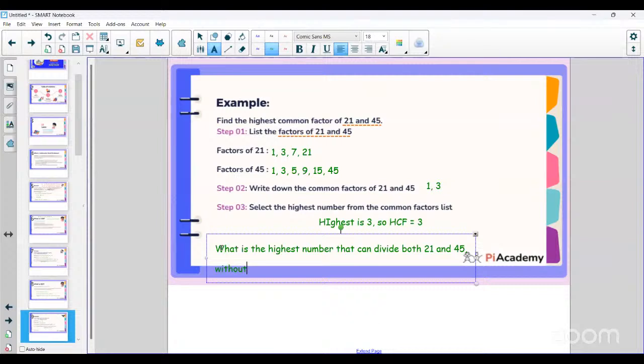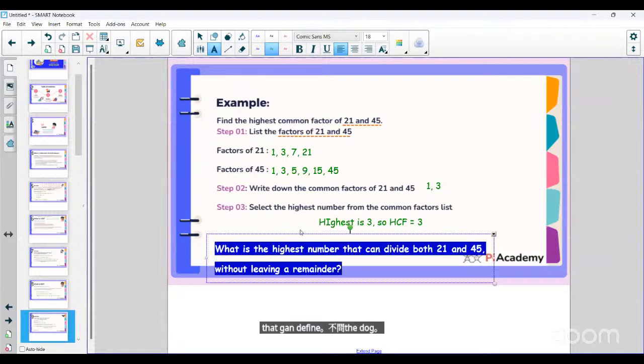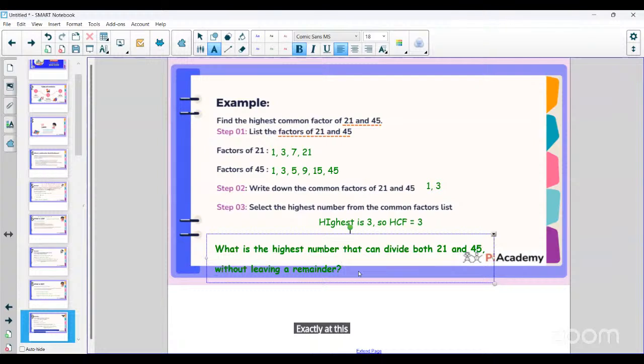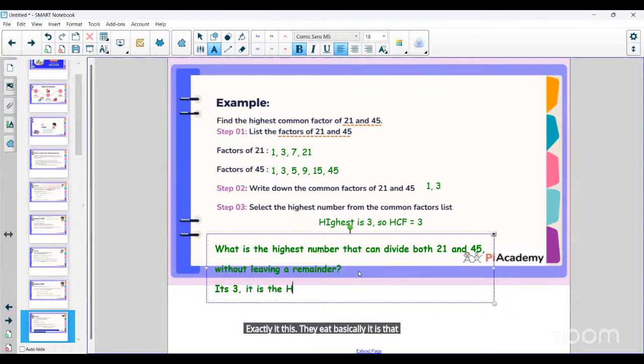What is the highest number which will divide both 21 and 45 without leaving a remainder? Yes, Farida? Is it 3? Exactly. It is 3. Basically, it is the HCF.